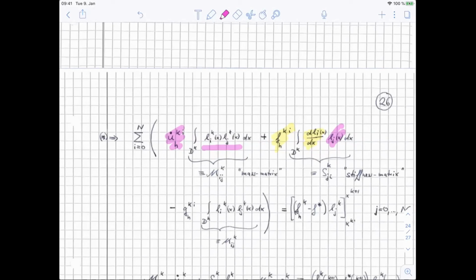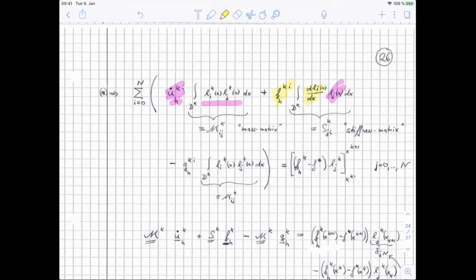When now the dust settles, what we have is these types of inner products of two basis functions against each other. This is going to be called the mass matrix.